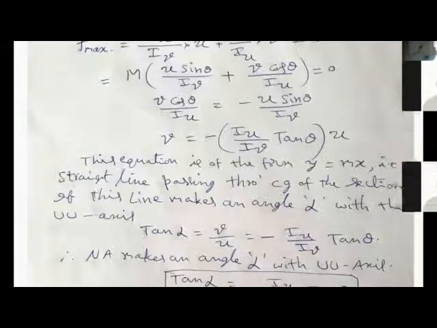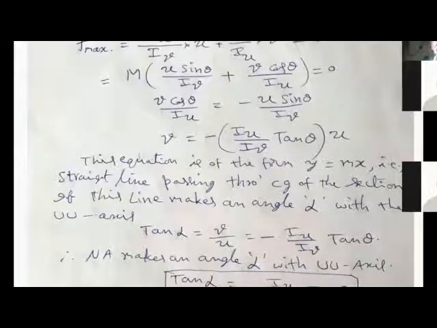And Iu and Iv are Ix and Iy themselves, right? So to determine Iu and Iv, if it is an unsymmetrical section, you require Ix, Iy, and Ixy. So using Ix, Iy, and Ixy in the formula which we have used, (Ix plus Iy) by 2 plus or minus the square root of ((Ix minus Iy) by 2) whole square plus Ixy square, will give you Iu and Iv.